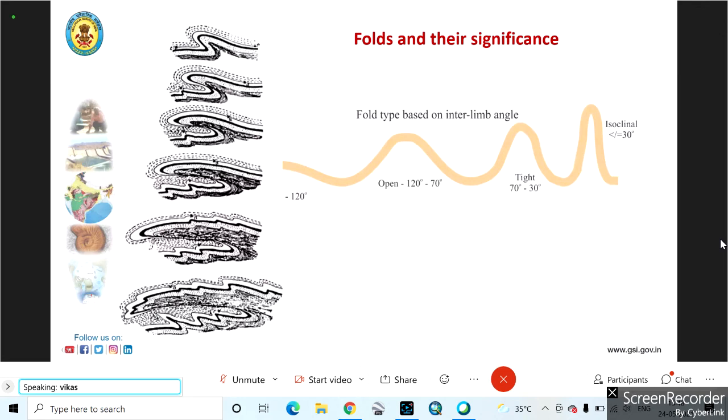As it goes on, you can notice that compression is going on, and shearing is also going on. Because of this, the upper limb is rotated along with the lower limb. You can notice both the closures, the axial plane is getting near about horizontal, which is going to give rise to a recumbent fold.